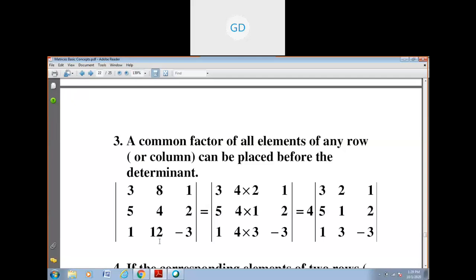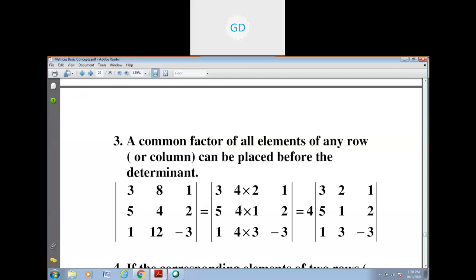So when a common factor is multiplied with all elements of a particular row or column, then we can take this common factor outside the determinant. For 8, 4 and 12 in the middle column, the factors are 4 into 2, 4 into 1, 4 into 3, so 4 is the common factor.